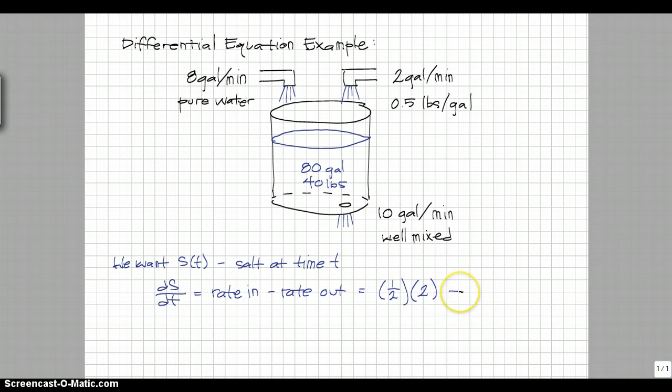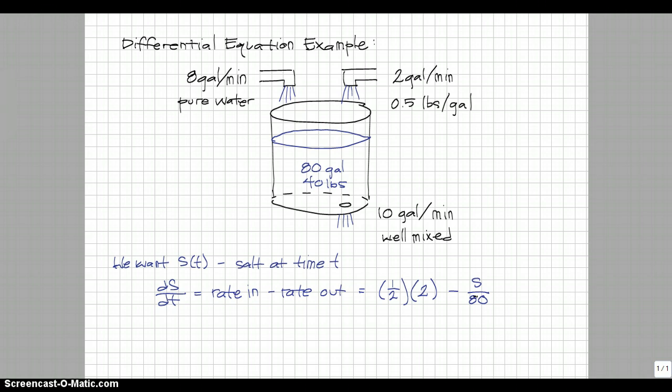And we're subtracting from that the rate out, which is not constant. The rate out, we know, is going to depend on how much salt there is in the tank, and more directly on what the salt per gallon concentration is of the water in the tank at time t. So the way that we're going to represent that is we know that S is the amount of salt in the tank at time t, and we're going to divide that by 80 gallons, because there's always 80 gallons in the tank.